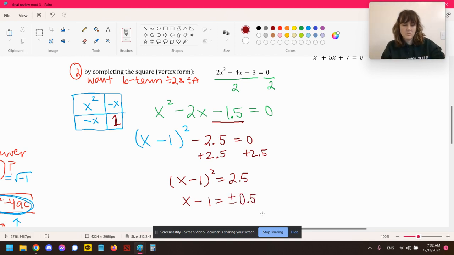Is that true? That's not true. I'm going to take the square root. 2.5 square root. Oh, geez, it's awful.